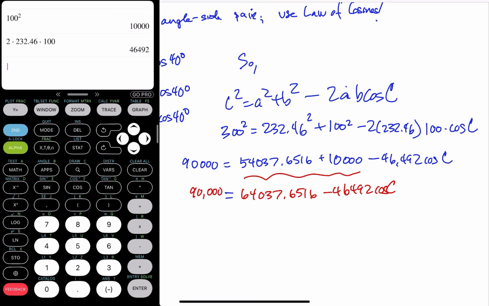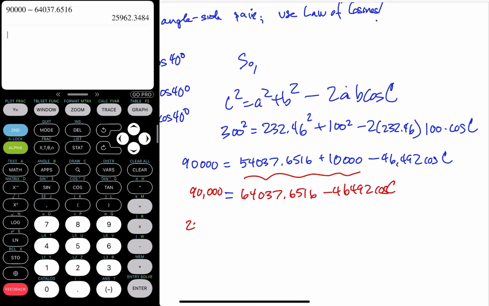Okay, now subtract. So we get 90,000 minus 64,037.6516 equal to, oh, that can't be right. Let's get positive. No, that can be right. Sorry.